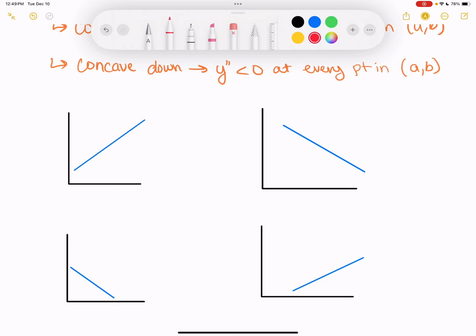I'm going to draw all the curves now. I'm not doing a very good job, but these would be slightly touching, obviously, the tangent line.